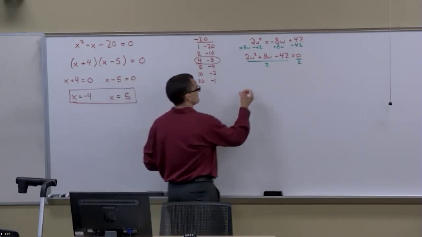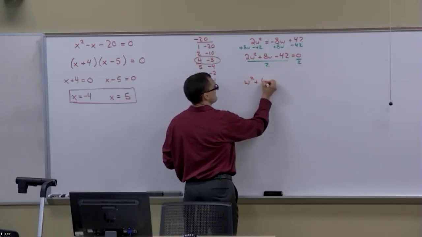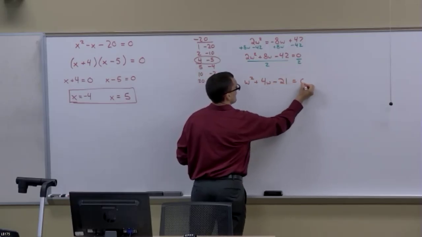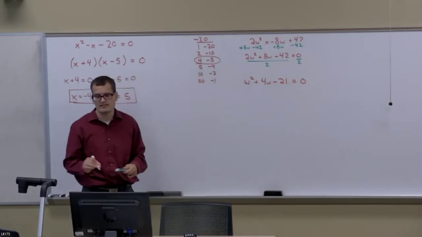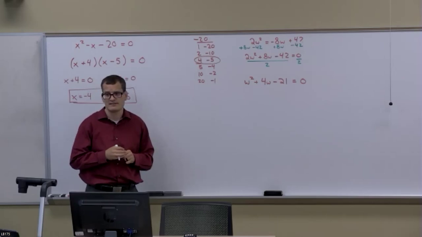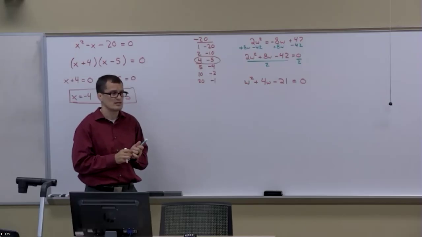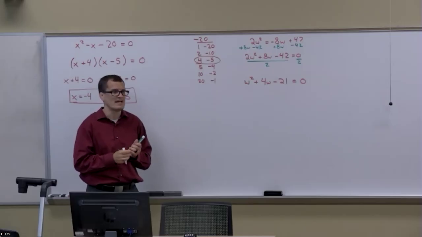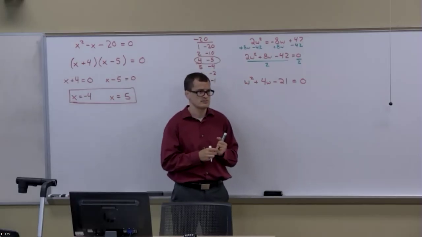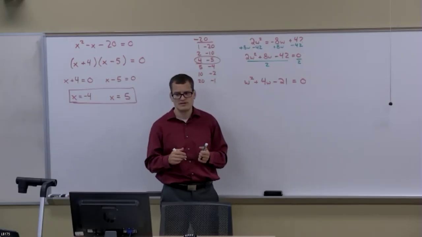And that produces on the left-hand side a quadratic whose leading coefficient is 1. And I like to deal with quadratics whose leading coefficient is 1 if I can. You guys understand leading coefficients, the coefficient in front of the w squared. In our form, ax squared plus bx plus c, it's the a. So as long as you have an a of 1, very nice, pretty quick to factor.